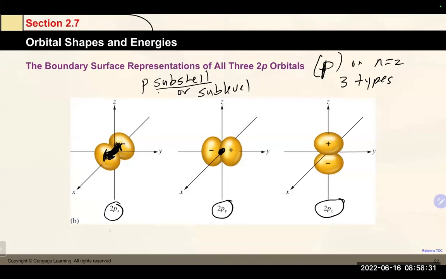So this one could hold 2 electrons, this one 2, and this one 2. That means if you took the entire subshell, you could fit 6 electrons max if you filled all 3 different p orbitals, 2 into each: 2, 4, and 6 electrons total. Any questions on that?